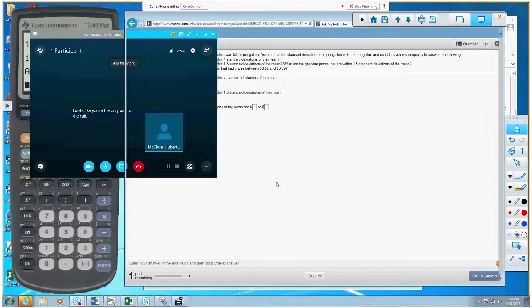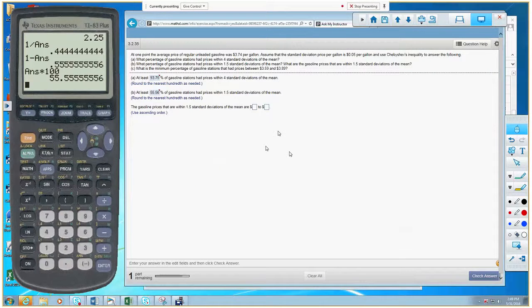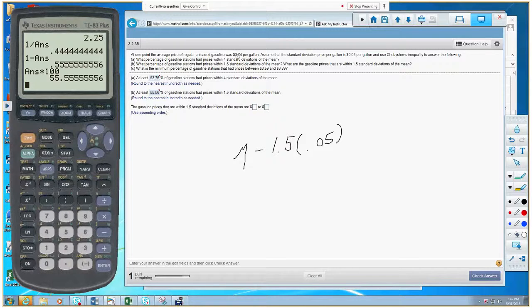Now, to do this part, we're going to take our mean, and we're going to subtract 1.5, which is our deviations, times 0.05. And that's going to be 3.74 minus 1.5 times 0.05.